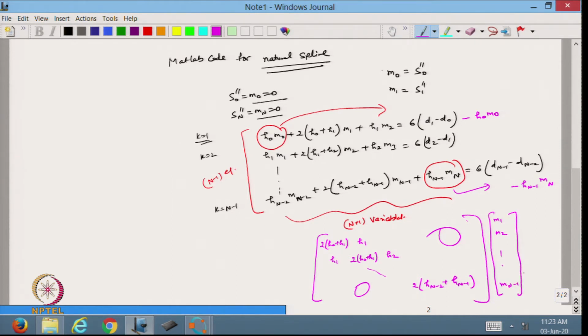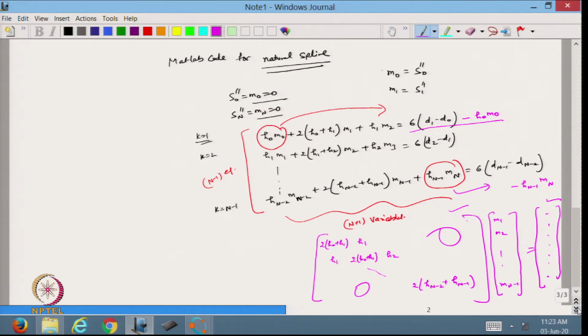This I need to find, and on the right side the first coefficient is given. This is the first one coming here, then all these values are coming, and the last is this value. So that is known to me, this is known to me, and this I need to find.